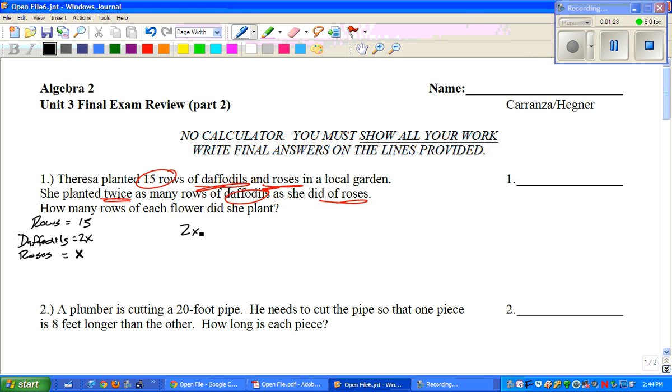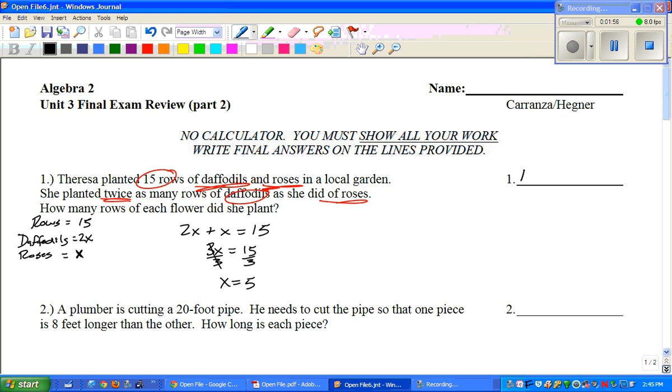And now what we need to do is write an equation, because the two things together equal all of the rows. They equal 15. Combine your like terms. Solve for X. And X equals 5. So now we know what X is.